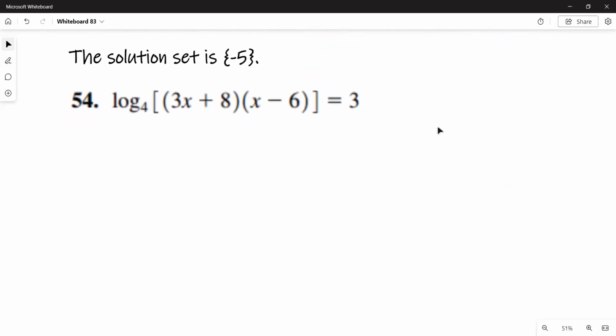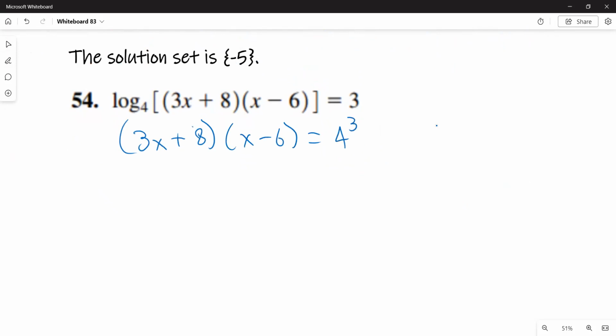Okay, so that one, we have a single logarithm, so we can just go ahead and rewrite in exponential form. So 4 cubed is 64.